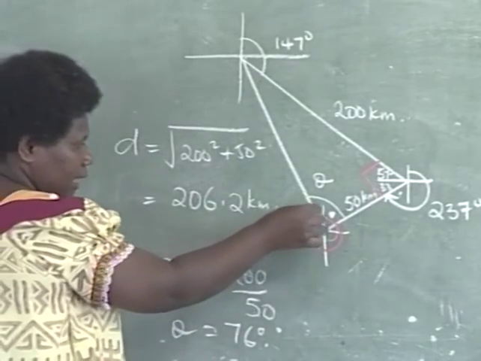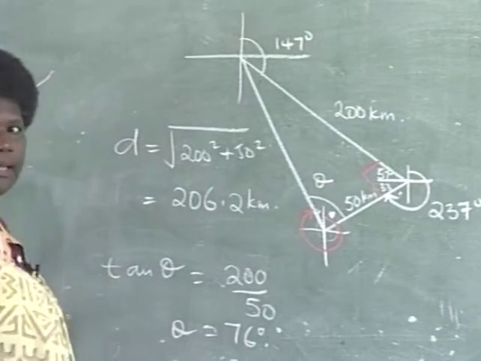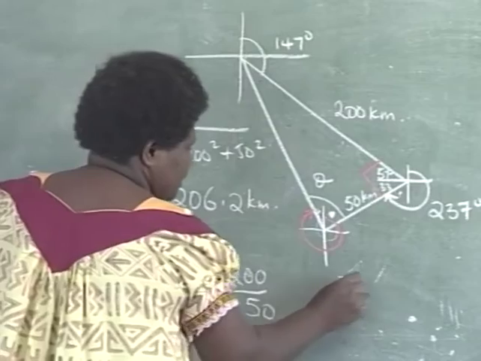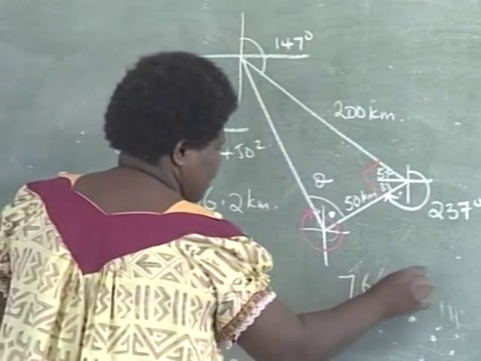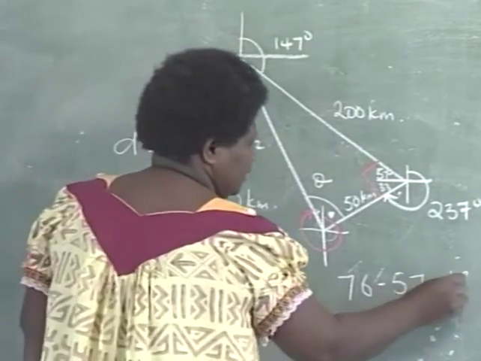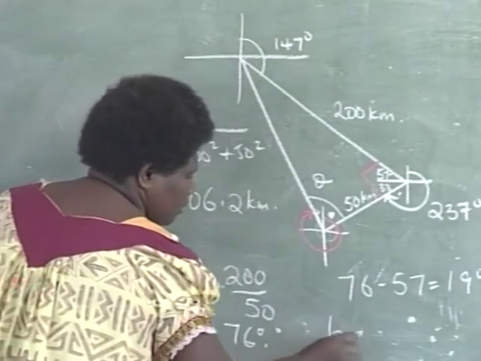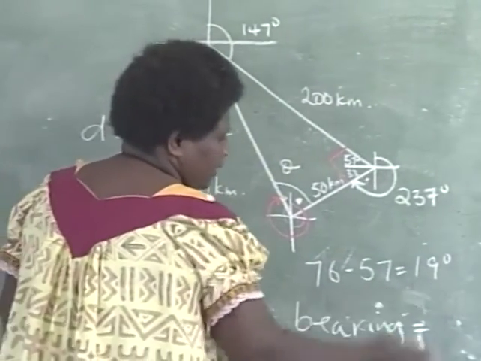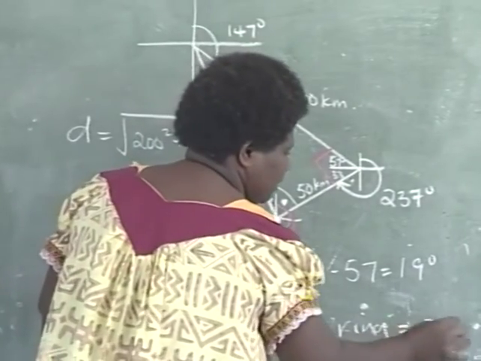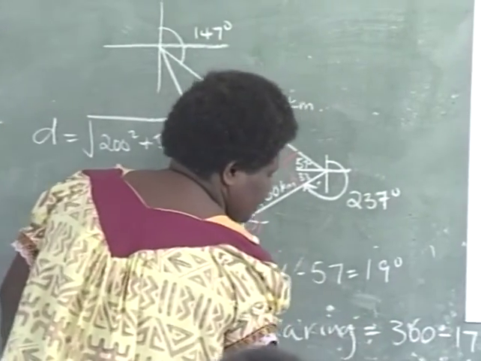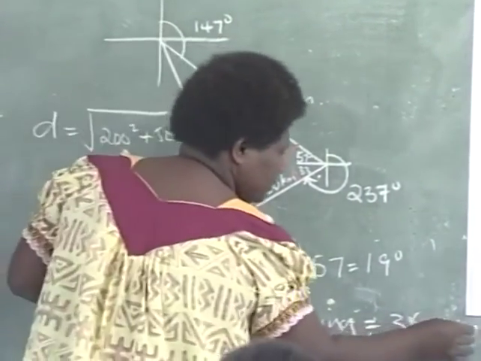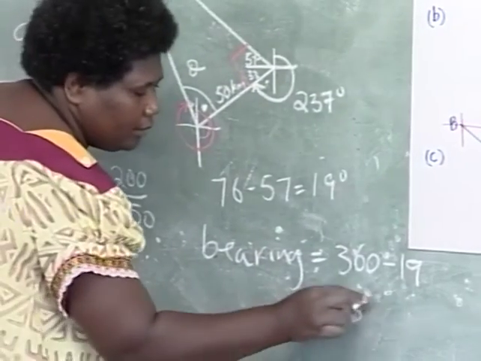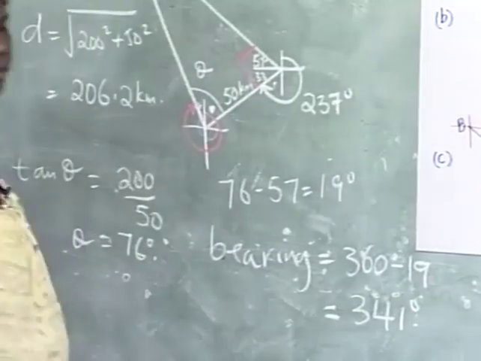That will give us this angle. And then we will have to subtract that again from 360 degrees. So 76 take away 57 is 19 degrees. So the bearing that the plane has to fly to get back to base is 360 take away 19, 341 degrees.